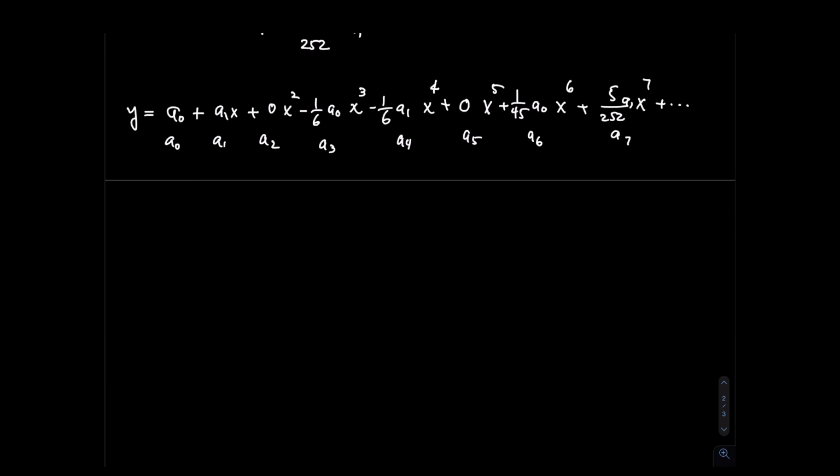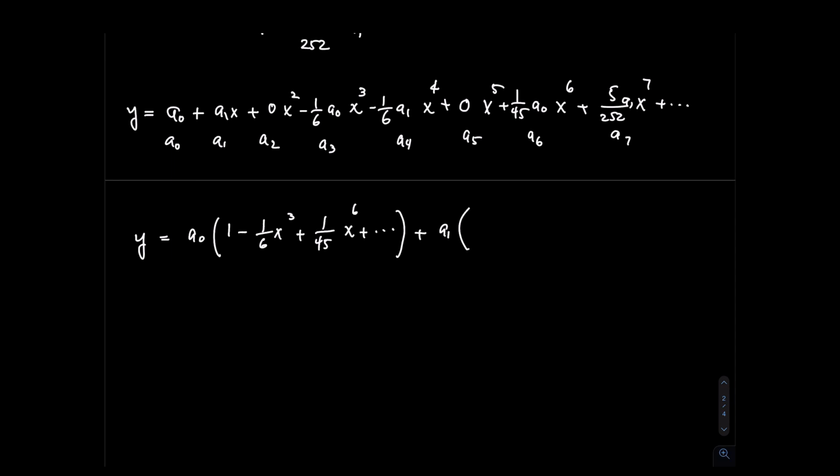So now I notice everything is either 0 or written in terms of A0 and A1. So if I factor out an A0 and combine the terms, and factor out an A1 and combine the terms, I'll end up with my solution. y equals, if I pull out the A0, I have 1 minus 1/6 x cubed plus 1/45 x to the sixth plus dot dot dot, the rest of them, plus, and it's all in terms of A1 after that.